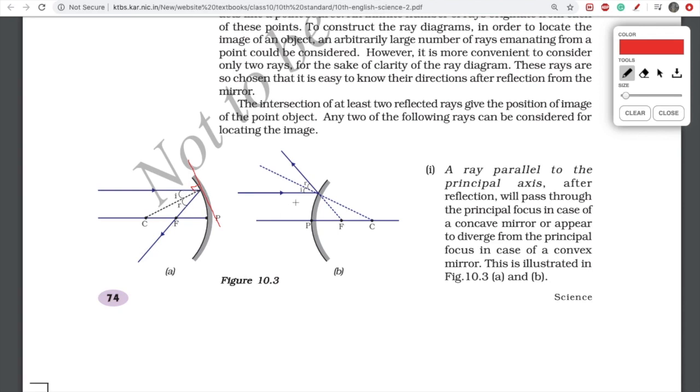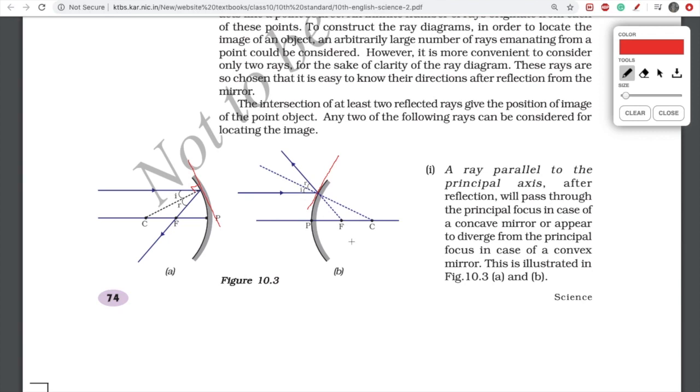Similarly for a convex mirror, it will get reflected like this. For the normal, first we have to draw the plane surface which is just touching the circle at this point, and then we will draw the normal to the surface, and then we can easily tell where the light will go.